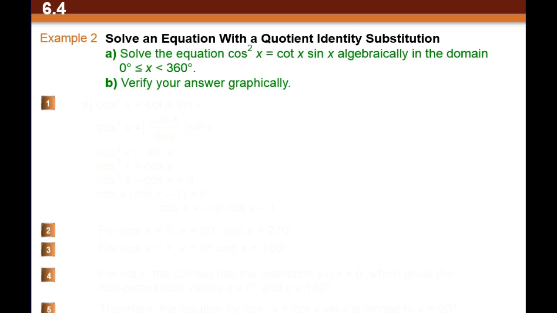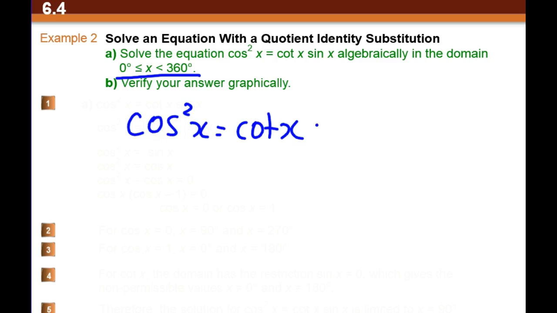Example 2 on page 318 says, solve the equation cos squared x equals cotangent x sine x algebraically in the domain of 0 to 360. So the last ones we were talking in radians, these ones we're just talking in degrees. So our answers will be in degrees. Okay, so we probably want to simplify this equation. Okay, so who sees something there that's ugly that we could maybe fix?